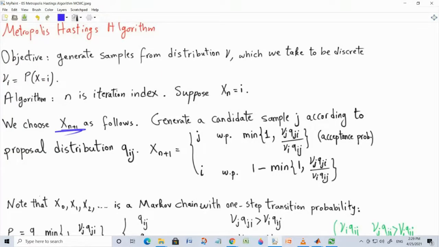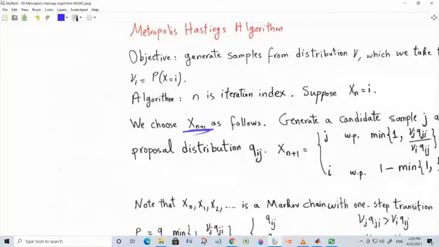We do it in two steps. The current x_n is equal to i. Now, the algorithm has parameters Q_ij. Q_ij is a PMF that gives you a j, so the sum over j of the possible values Q_ij is equal to 1.